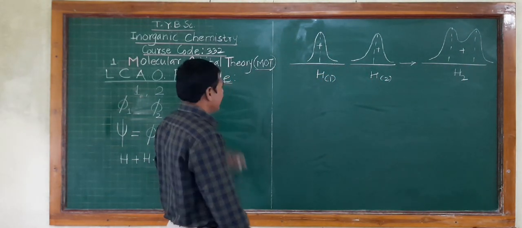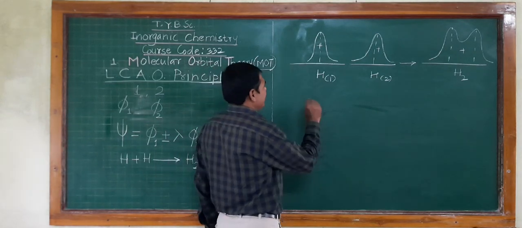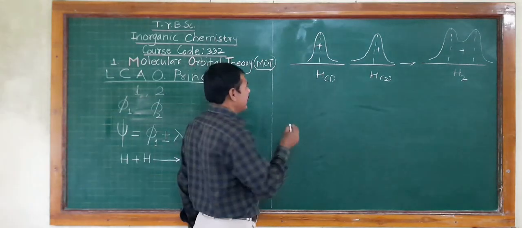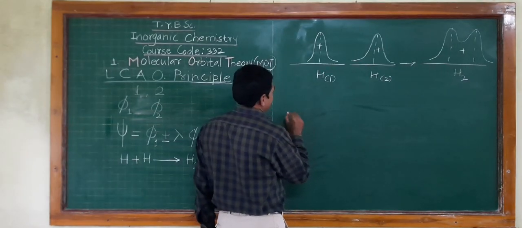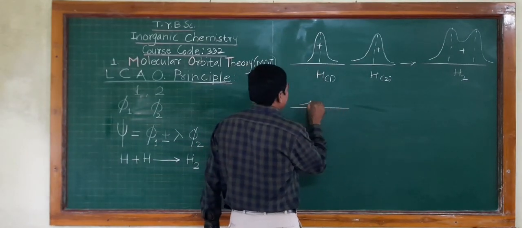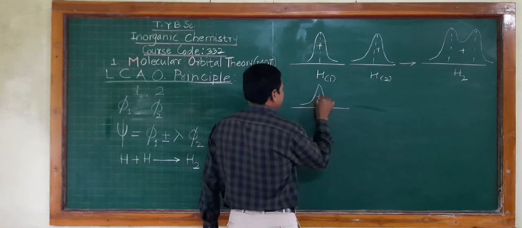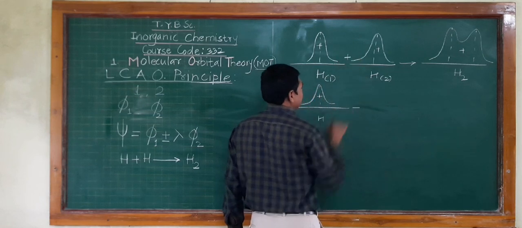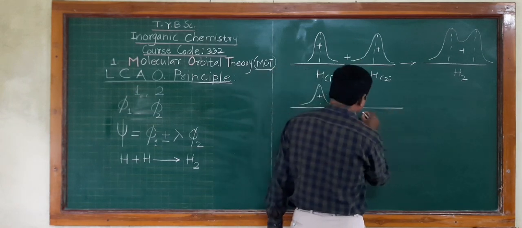So the particular equation can be divided into two: addition, the same sign, and the other, the different sign. Here is the summation and here is the subtraction.